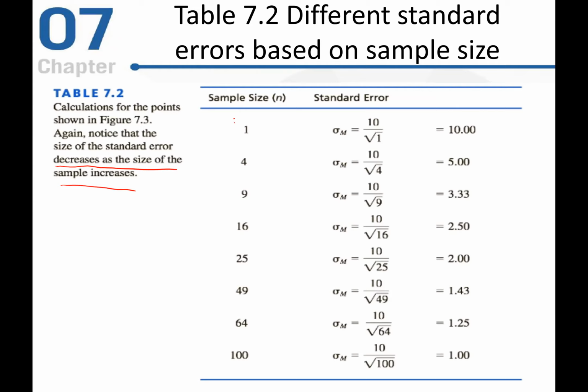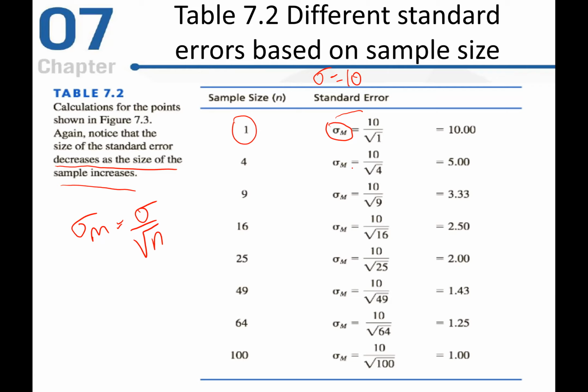So if the sample size is 1, and we calculate the standard error, let's say the standard deviation was 10. The standard error of the mean is going to be the standard deviation divided by the square root of the sample size.